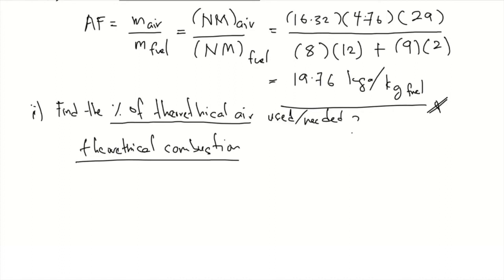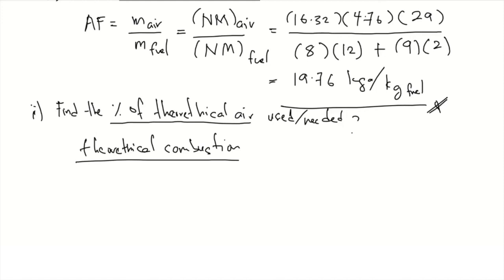Theoretical combustion is basically just the amount of 1 kilomole of fuel plus the amount of theoretical air needed, producing the theoretical amount of product. It's just nicely for theory, it's not an actual.